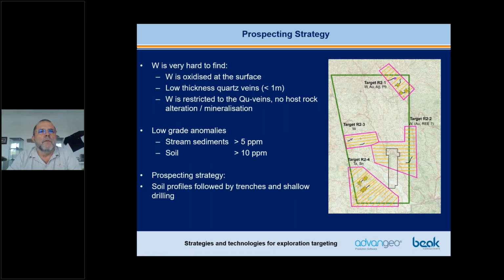So we have now the target maps. So for the tungsten, we cannot recommend drilling yet. We first need to have these soil profiles before we can recommend drilling. But here in the pegmatite area, we already identified some drilling points and recommended them for follow-up work.